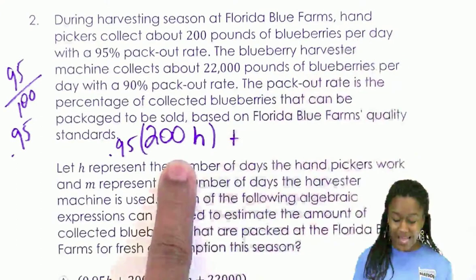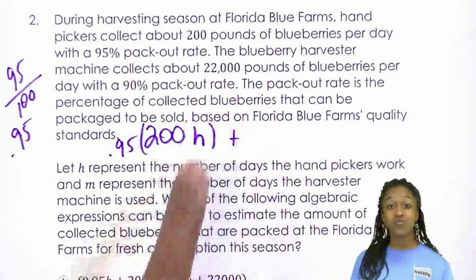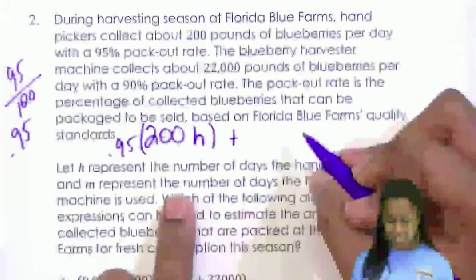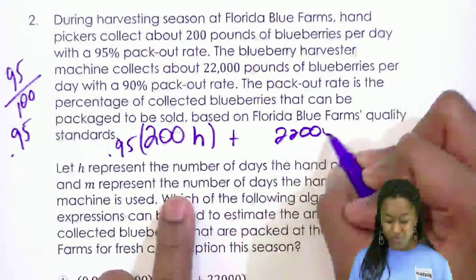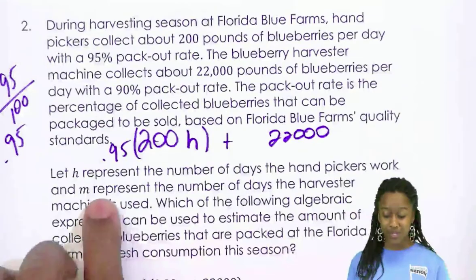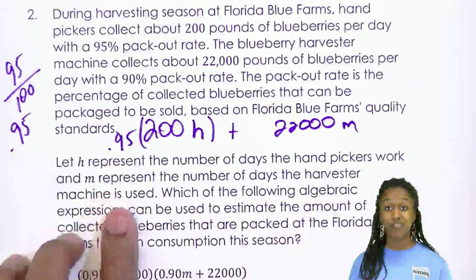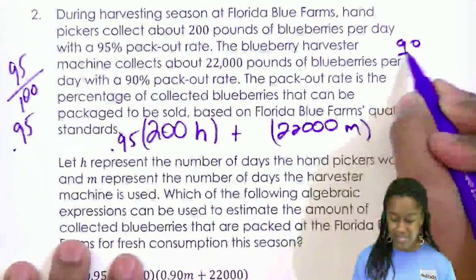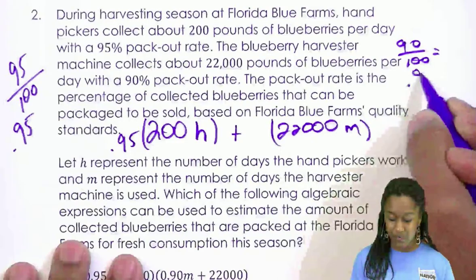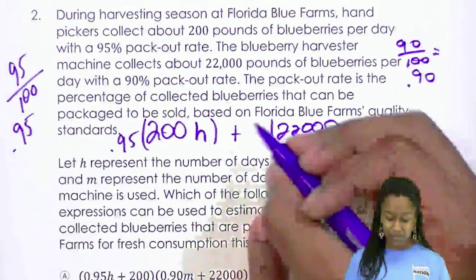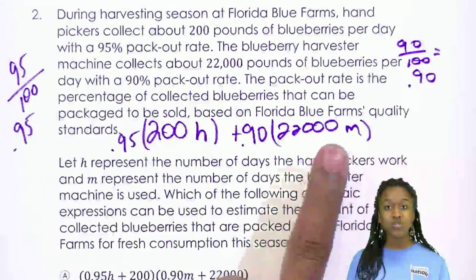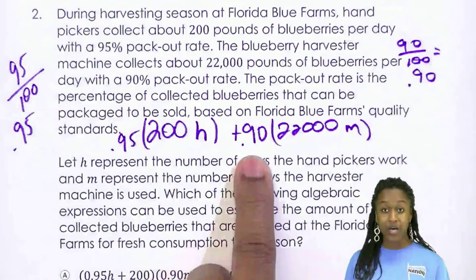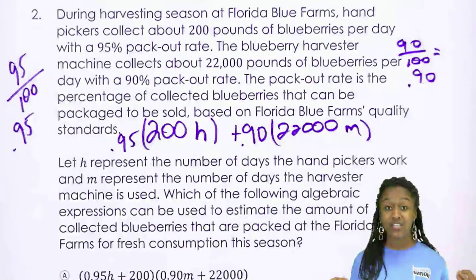We need to add the amount that the harvester machine collects when it's used. So we have 22,000 pounds per day, and we know M represents the number of days the harvester machine works in a season. Now we need to do the same thing, divide 90 by 100, get it in decimal form, and then multiply that decimal by the total amount picked by the harvester machine for that season to get the packed amount, right?